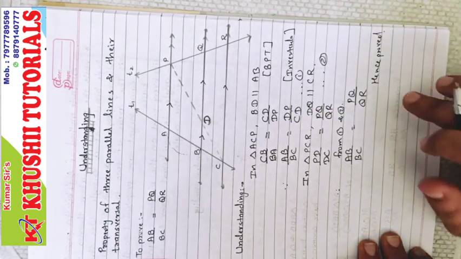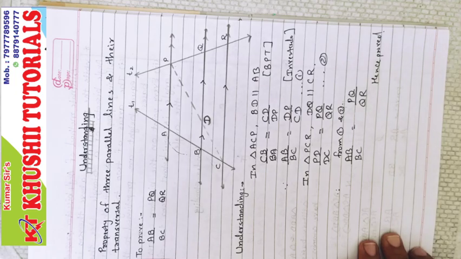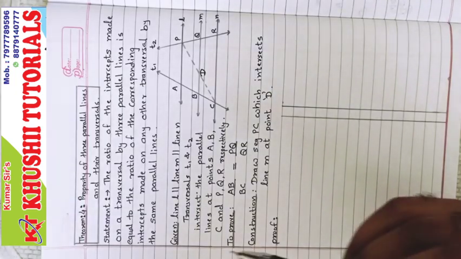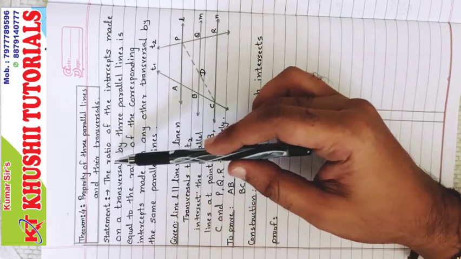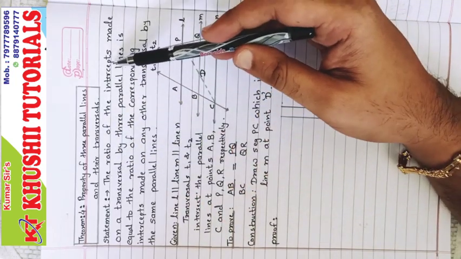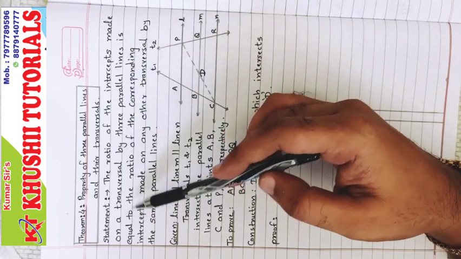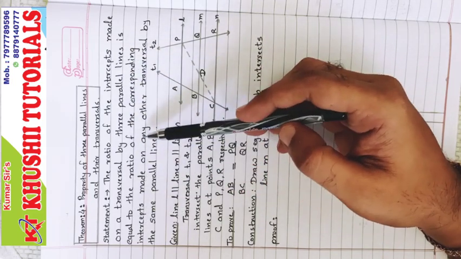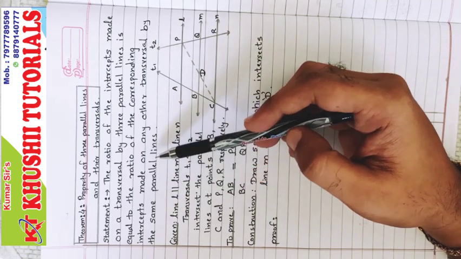So this was just understanding. Now we will write the actual theorem with all proper steps and correct reasons. The next, Theorem 4, property of three parallel lines and their transversal. This is the statement: the ratio of intercepts made on a transversal by three parallel lines is equal to the ratio of corresponding intercepts made by the other transversal on the same parallel lines.